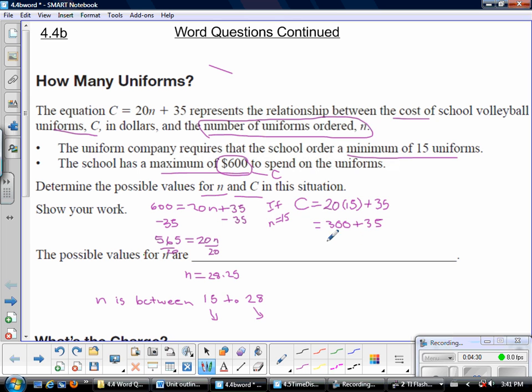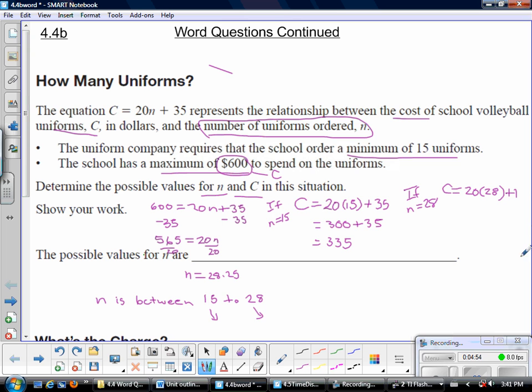So our minimum amount that we could spend, that the cost could be, would be $335. And now if n equals 28, my cost would be 20 times the 28 plus our 35.